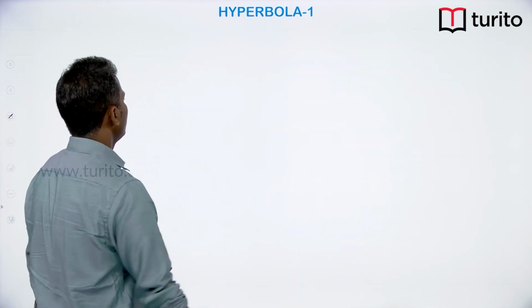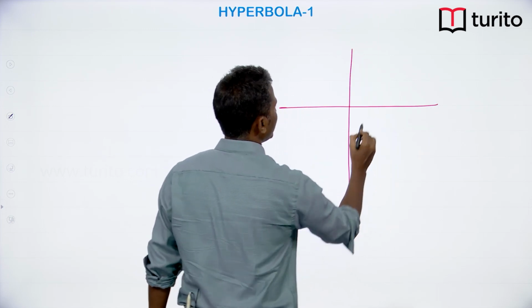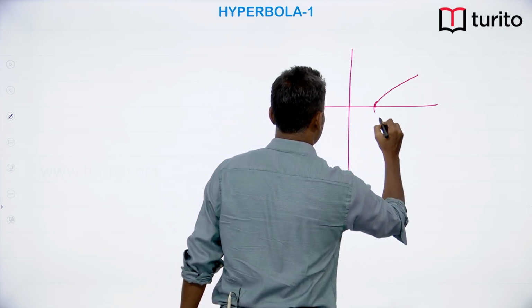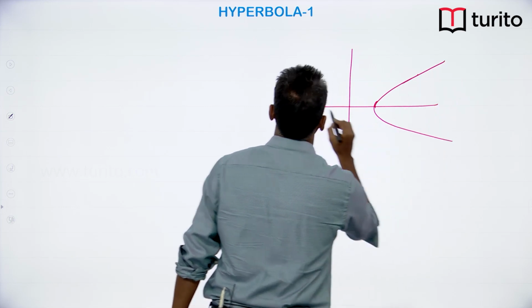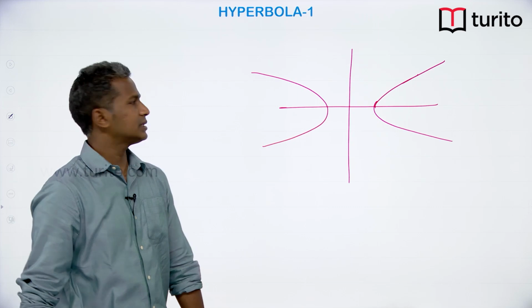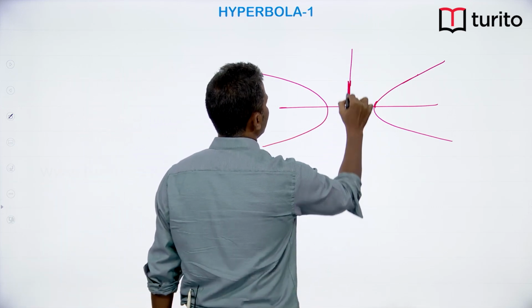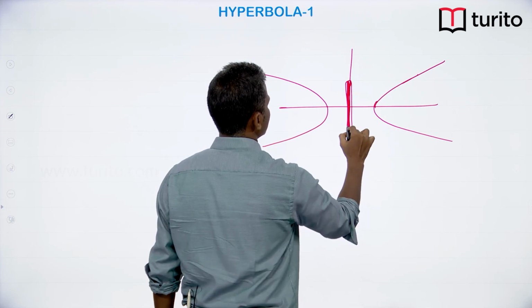For example, we can also take cases like this. We can also get hyperbolas like this. So, here if you take the conjugate axis, it will be a very small conjugate axis.